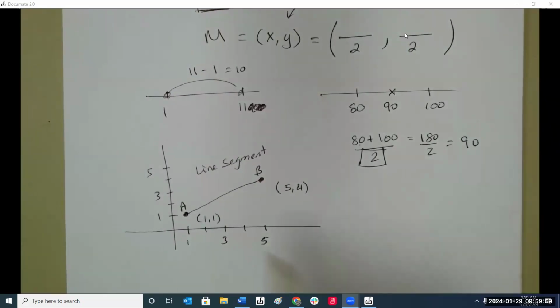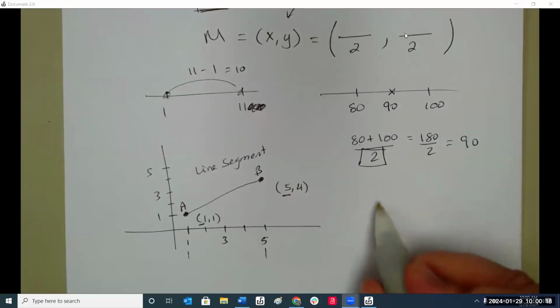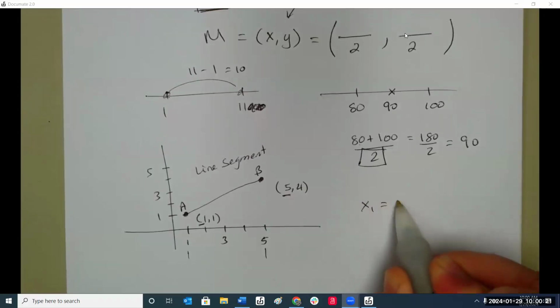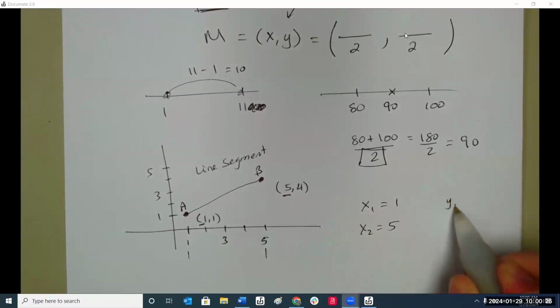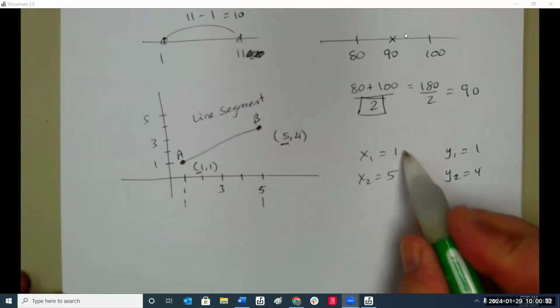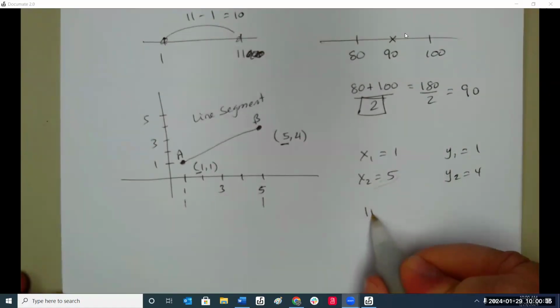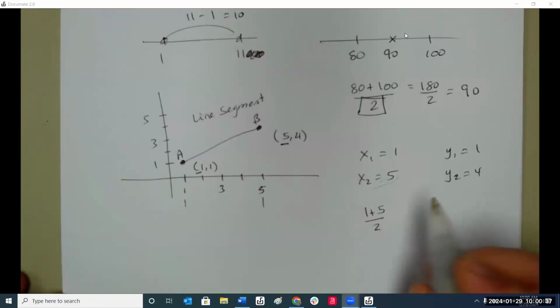That is what is called a line segment. So what we have to do to find the midpoint of this graph, we have to find the average of these 2 x values. What's the average of those 2 x values? 3. Yeah, because our x1 is 1, our x2 is 5, y1 is 1, y2 is 4. So the midpoint between these two, we add those 2 together and divide by 2.